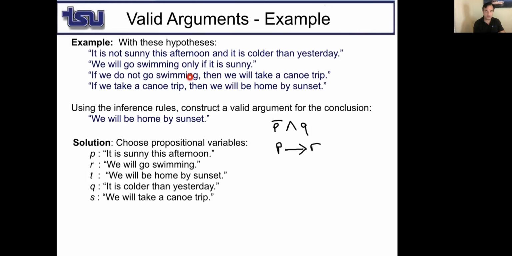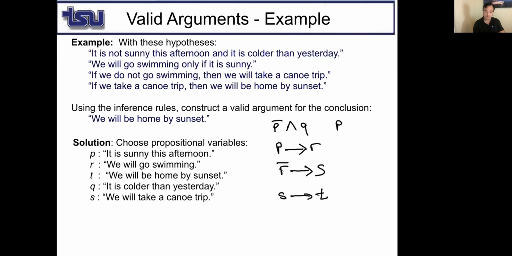Third one, if we don't go swimming, then we will take a canoe trip. If we don't go swimming, that means R not implies that we will have a canoe trip. That's S, right? And then the last one, if we take a canoe trip, we will be home by sunset.